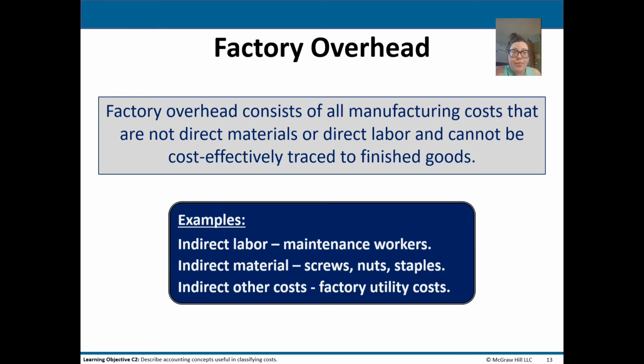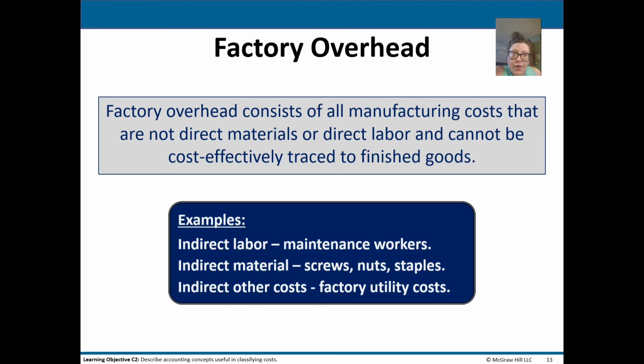Indirect labor is the labor that's needed in the manufacturing, but again, it cannot be traced directly to a finished good. An example would be the cost of the workers who are supervising or assisting in the manufacturing process. But again, you can't trace it specifically to one finished good.